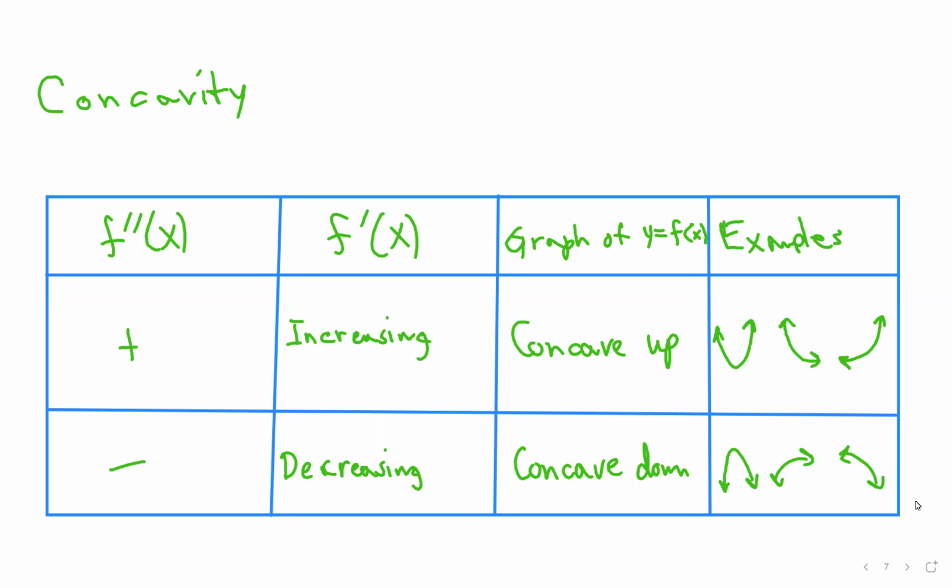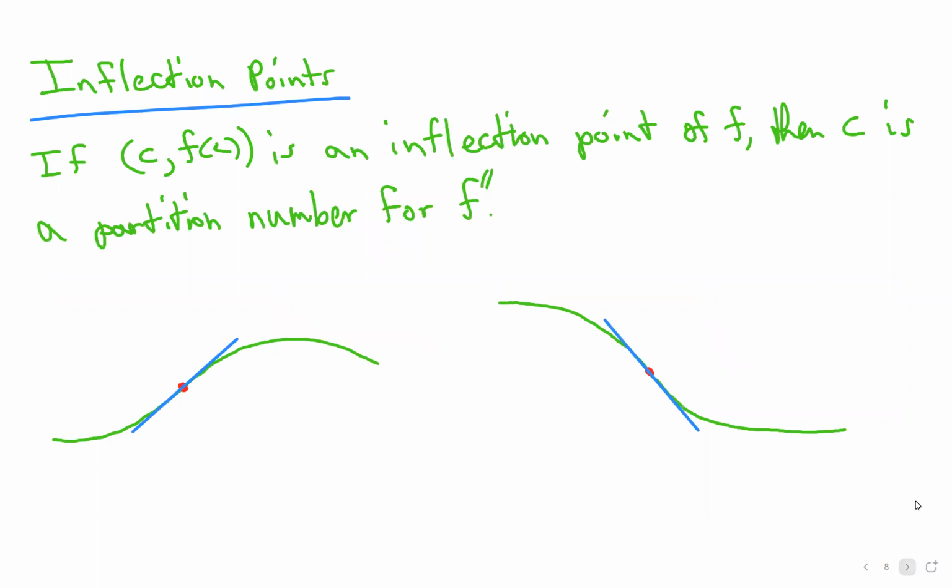All right, so that's concavity. Now let's talk about inflection points. Inflection points are basically values where the second derivative is a partition number. And this is mainly where the second derivative is equal to 0 or has a spot where it's flattened out.